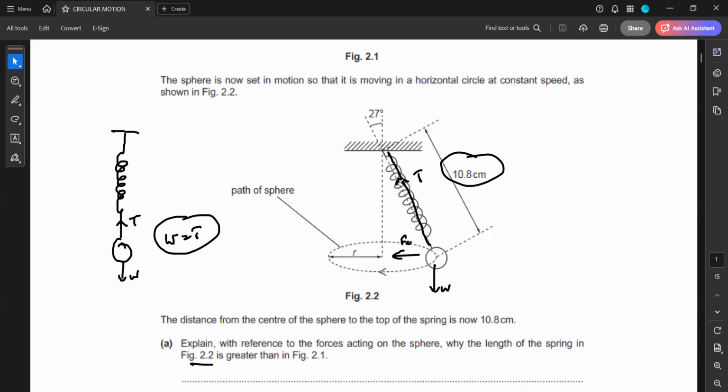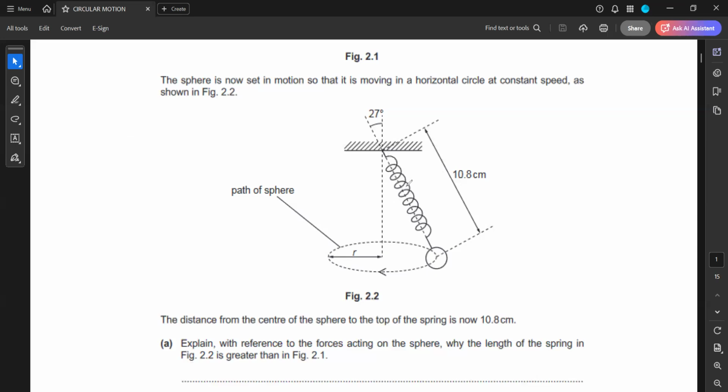One is with the angle, which is T cosine theta, or T cosine 27, and another one is opposite to the angle, which is T sine theta.